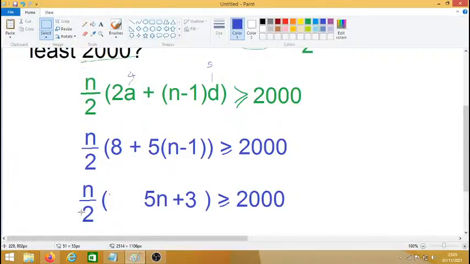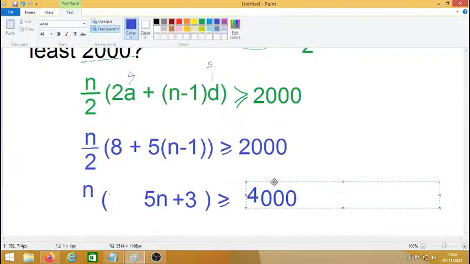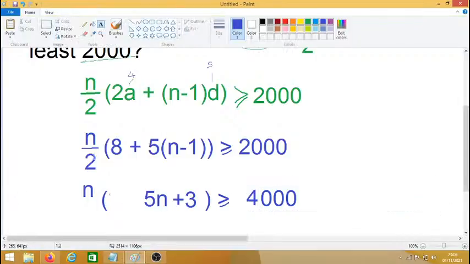Multiply both sides by 2 to get rid of this divide by 2. So 2000 can become 4000. So multiplying by 2 would mean the divided by 2 disappears, and then that becomes a 4,000. Let's straighten up that n, and then it's a case of just multiplying out the brackets.